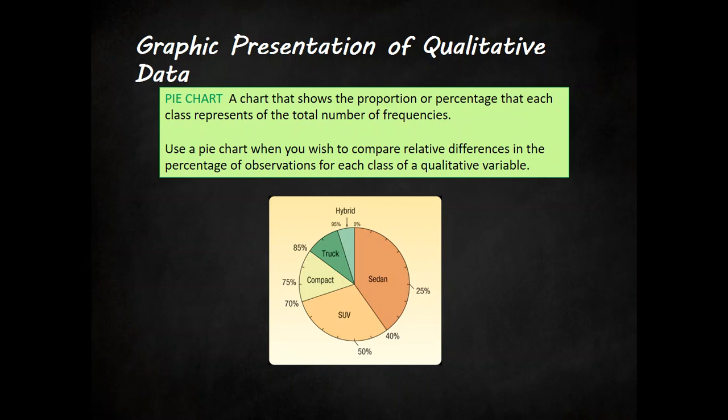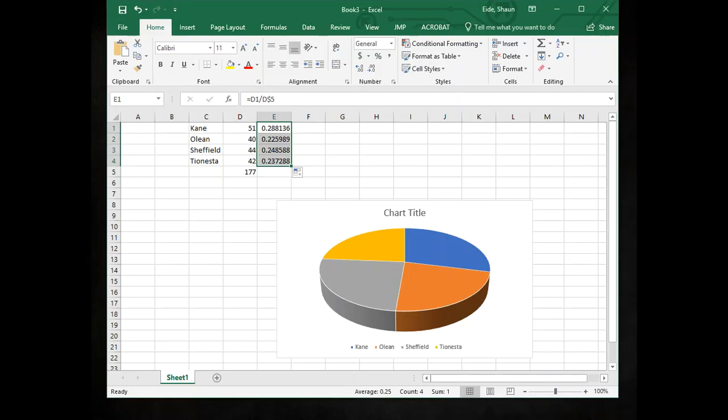The frequency table, I didn't really mention that quite as much. This is the frequency table: there's 51 occurrences, 40 occurrences, 44 occurrences, 42 occurrences, and this is the relative frequency table right there. So you guys know how to do that, and go off and conquer the world.